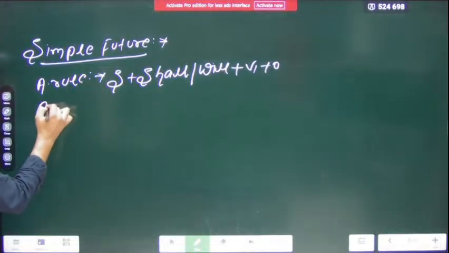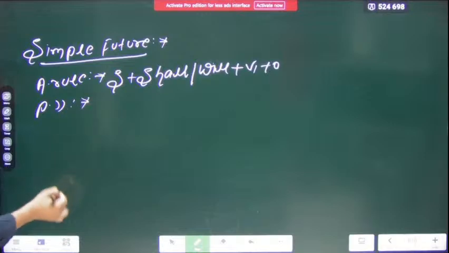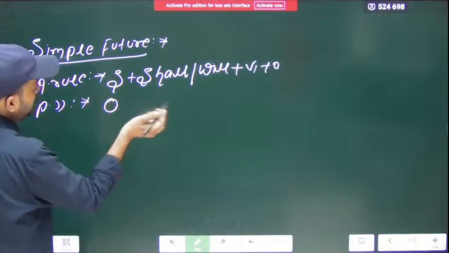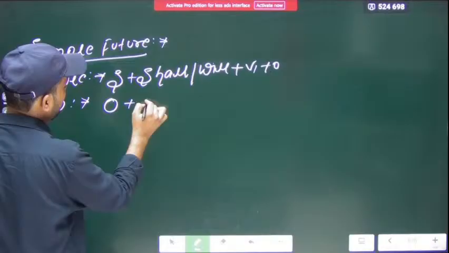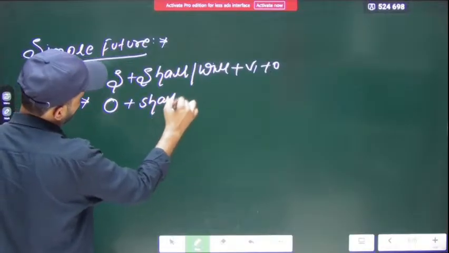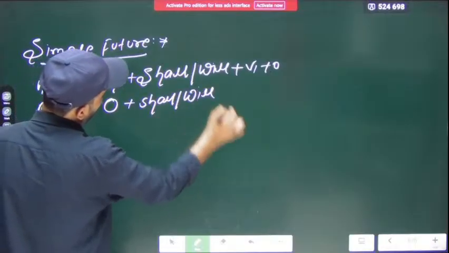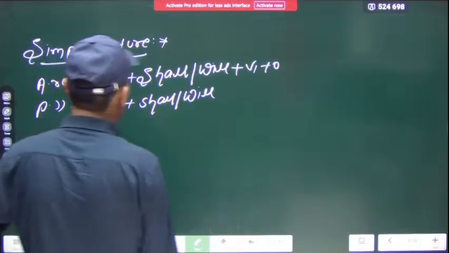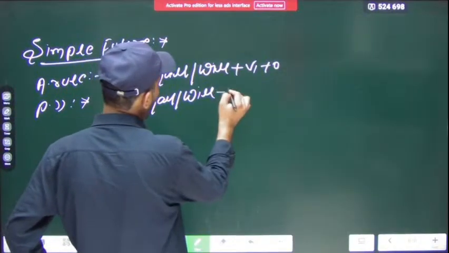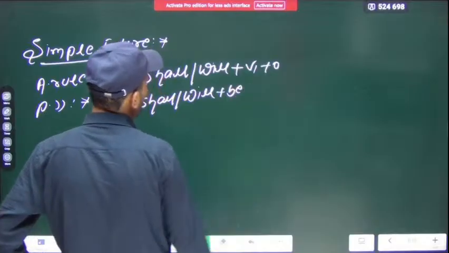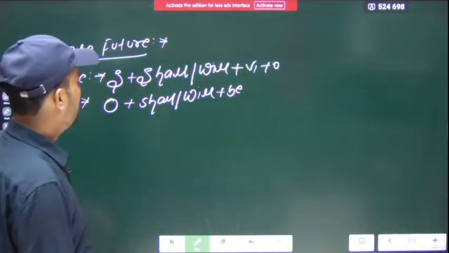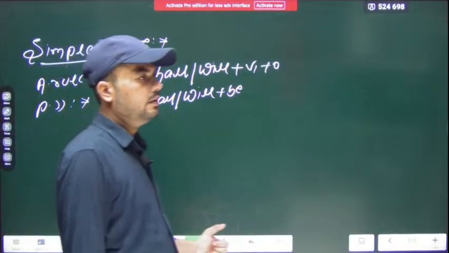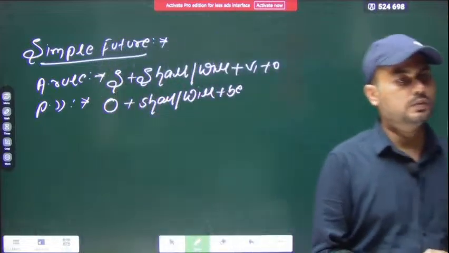Now if I make the passive rule, then we will write the object in the beginning, then shall or will. After shall or will we will write be. Be is not in the active rule, but we will write it because shall or will is a modal verb, and after a modal verb we cannot put verb 3 directly.